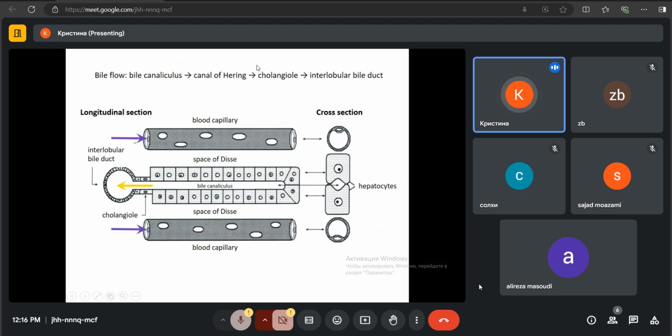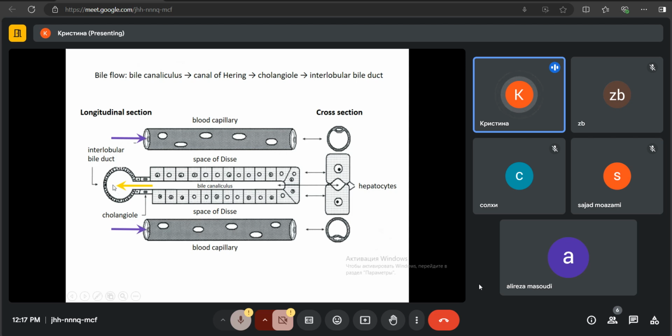Then goes the cholangiole. The cholangiole is actually the circumlobular duct. It goes around the lobule, as well as the circumlobular artery and the vein. So they go in three and make this circumlobular triad. And after the circumlobular cholangiole, there will be the interlobular bile duct.